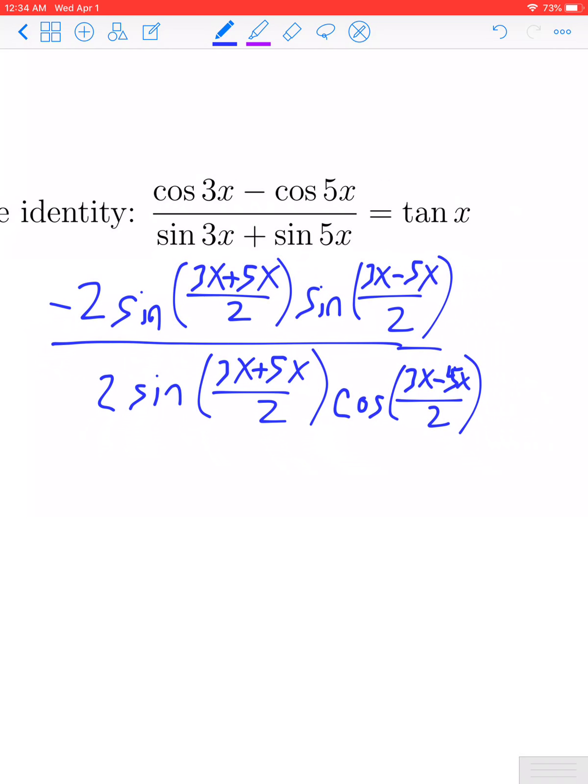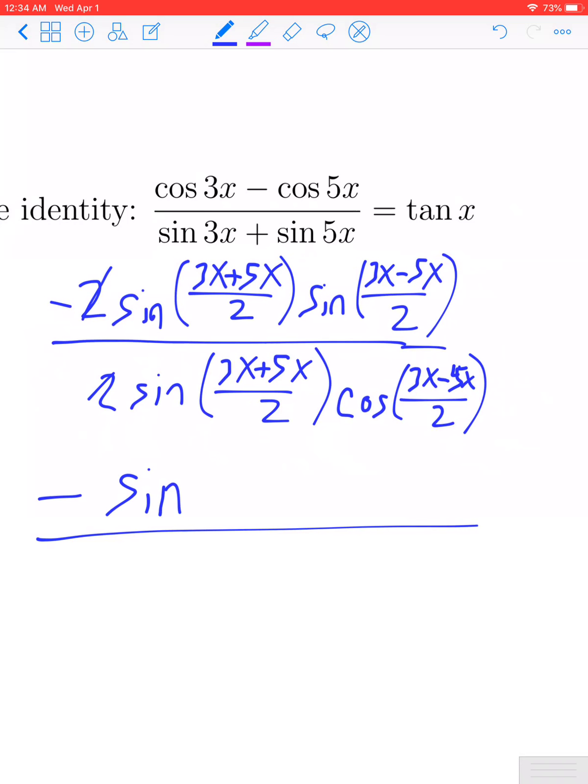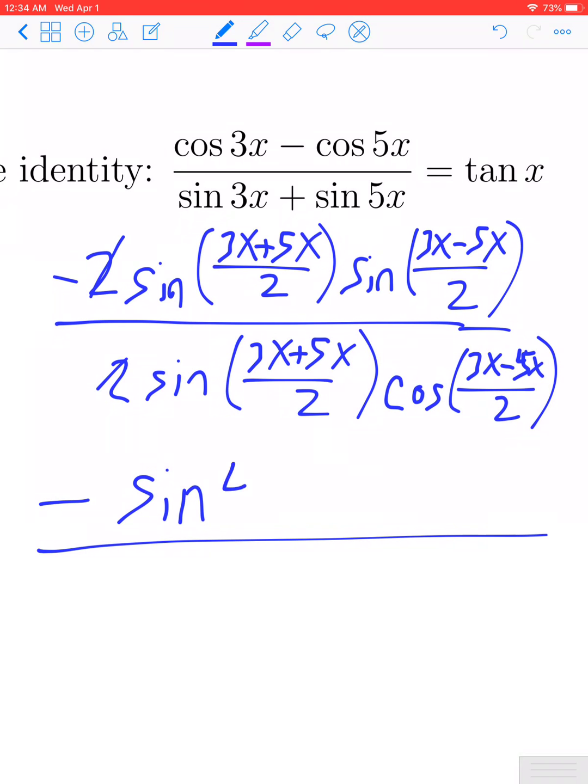From here, a few things we can do. We can cancel the common factors of 2 in both top and bottom. So we're going to have a negative. Let's simplify the arguments. This is going to be the sine of 3x plus 5x is 8x, and 8x divided by 2 will give us 4x.